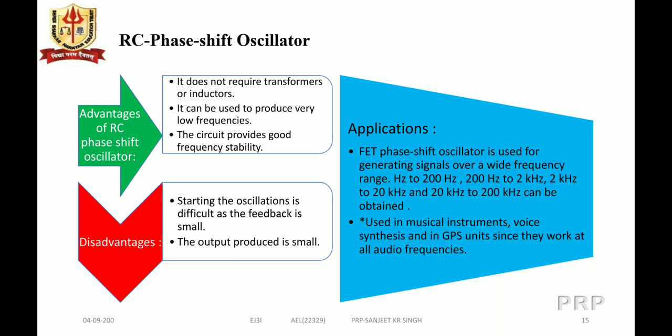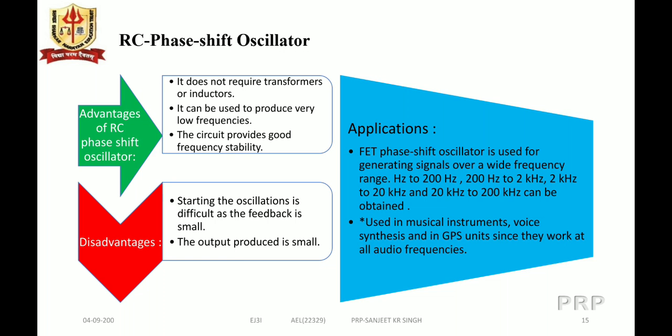The output produced is small. So these are the two major drawbacks of the RC phase shift oscillator. This RC phase shift network can be used for a transistor BJT based circuit, or for a FET based circuit, or even an op-amp amplifier based circuit can be implemented.